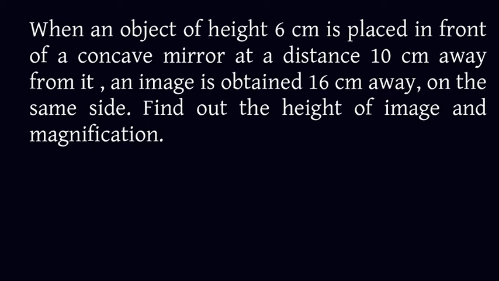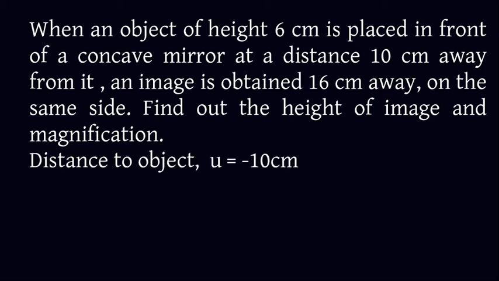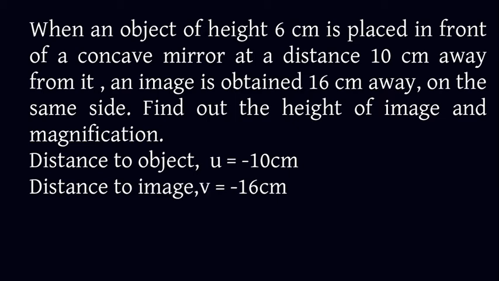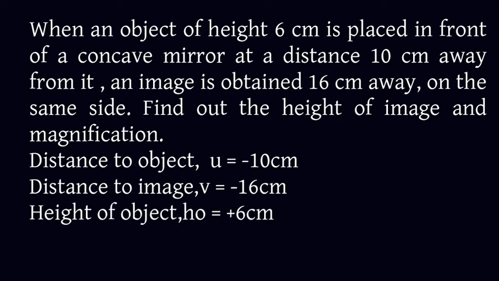So what are the quantities given? Yes, u, that is distance to object, is equal to minus 10 centimeter. Distance to image v is equal to minus 16 centimeter, and the height of the object ho, that is also given, is equal to plus 6 centimeter. Then we want to find the height of the image hi.